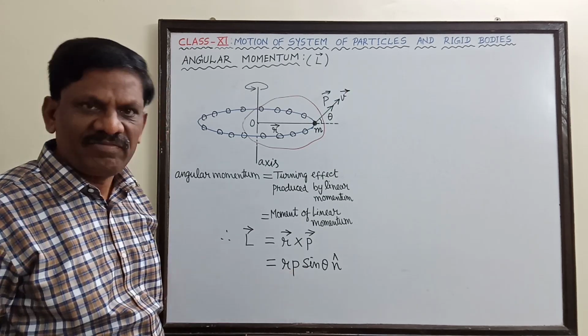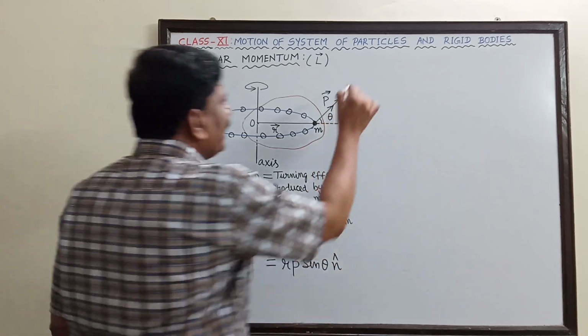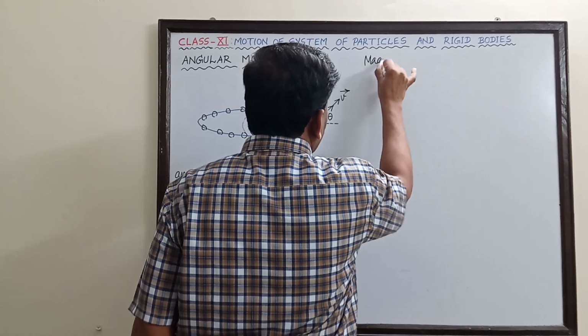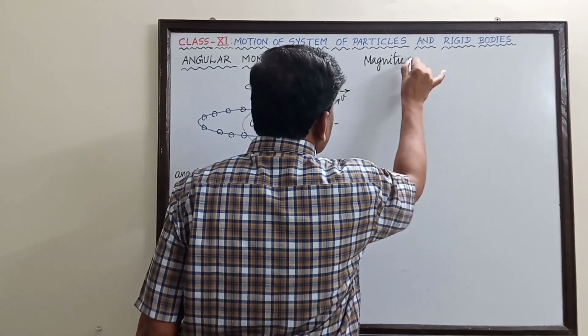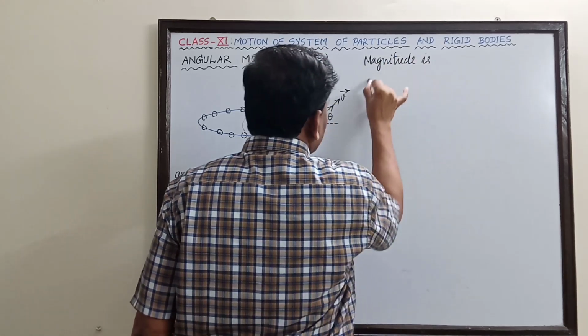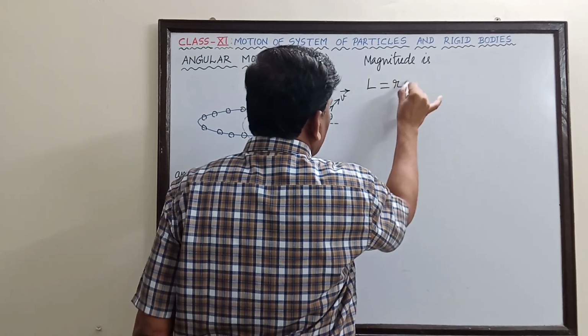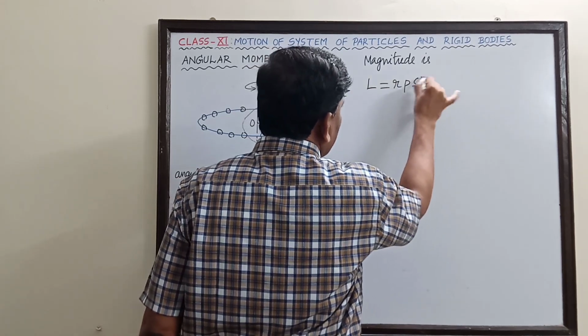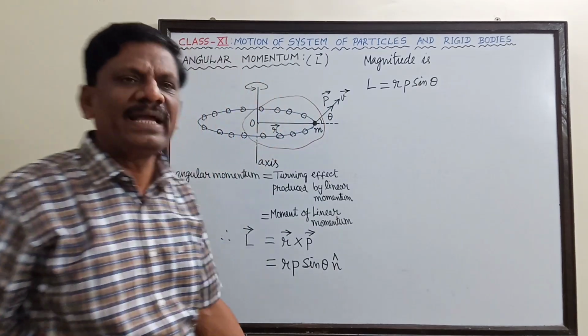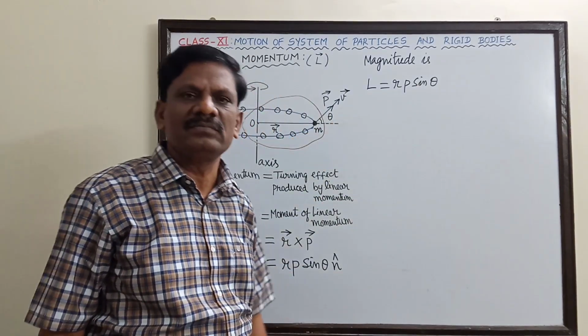So this is in vector form, is it not? Now the magnitude of this angular momentum is given by L is equal to R into P into sine theta. This is the magnitude of the angular momentum.